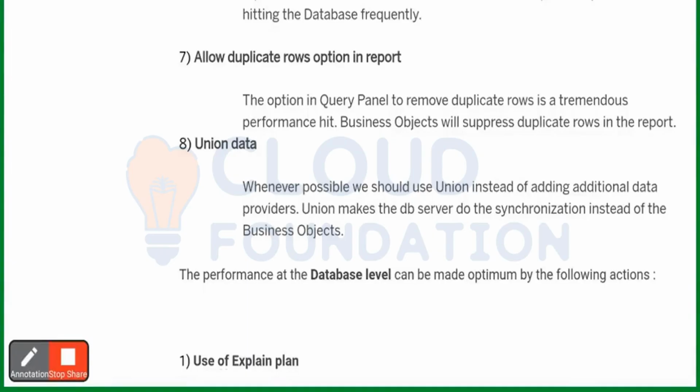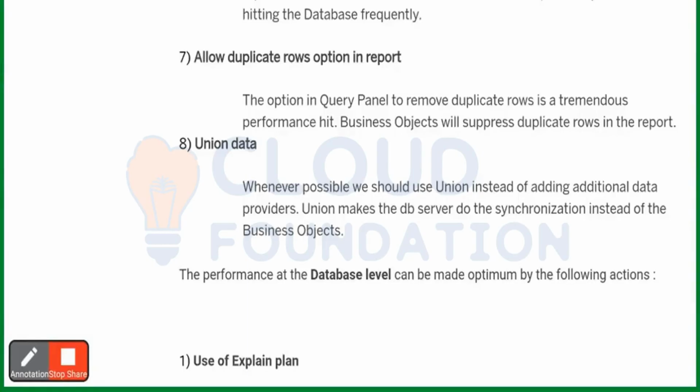If you click on remove duplicate rows, it will tremendously impact the performance, because it has to check whether there are any duplicate rows and suppress them. If you want to improve the performance, we can uncheck that option and take the report.